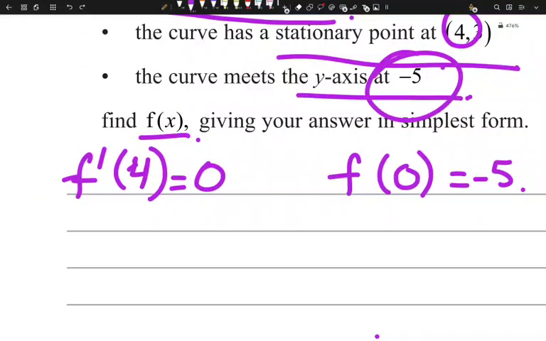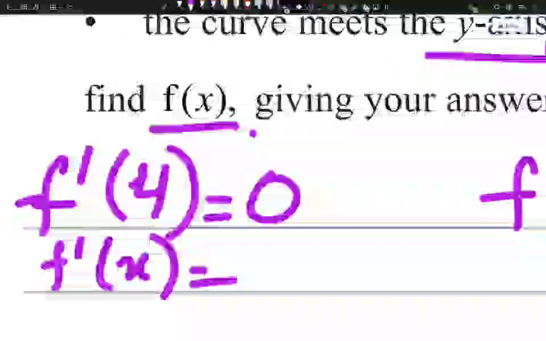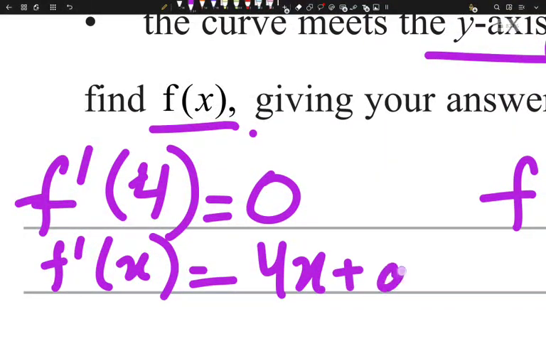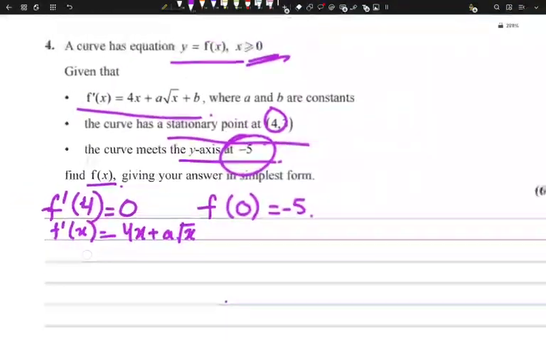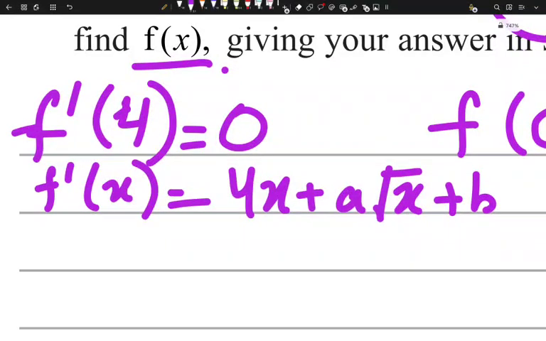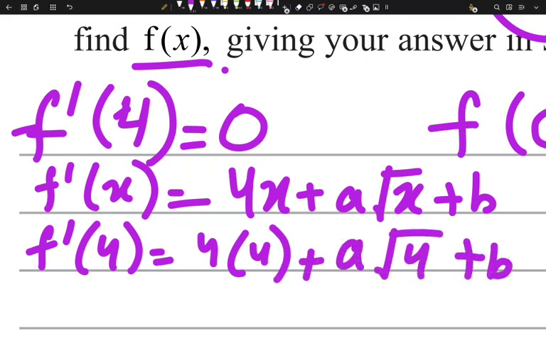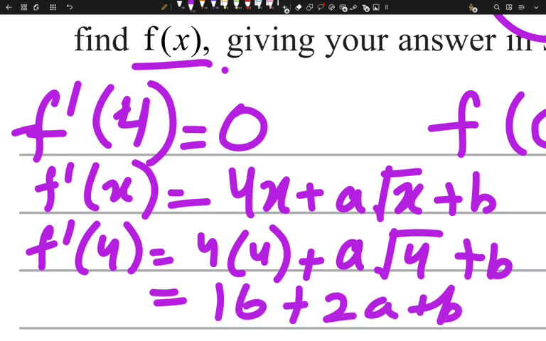We already have f prime of x, so let's go along those lines. F prime of x equals 4x plus a under root x plus b. If I were to solve this further, f prime of 4 is going to be 4 times 4 plus a under root 4 plus b, and that's going to make it 16 plus 2a plus b equals 0.